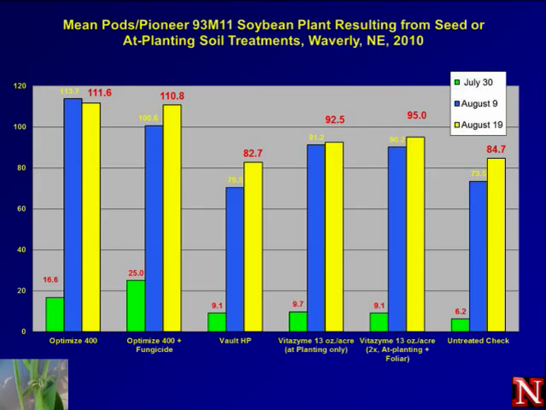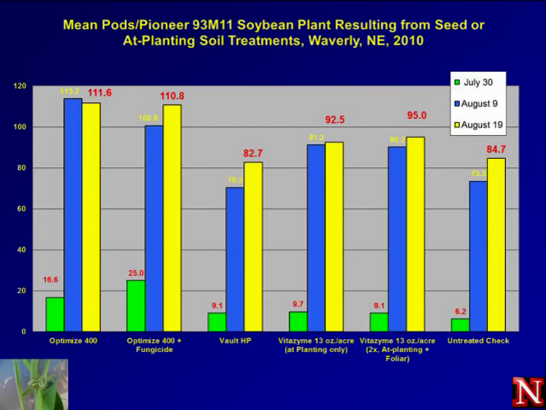At the end of July, there really wasn't much difference between any of the treatments compared to the untreated check, although the optimized treatments did have a few more at that point in time. 10 days later, on the 9th of August, the check was about 73, and the Vault about 70.5. That's not surprising. The Vault is not a biostimulant, but the Vitazyme and the Optimize are. Compared to the untreated 73.5, we're seeing 90s for the Vitazymes, and for the Optimize 113 versus 100.6, 25 to almost 35 pods a plant more.